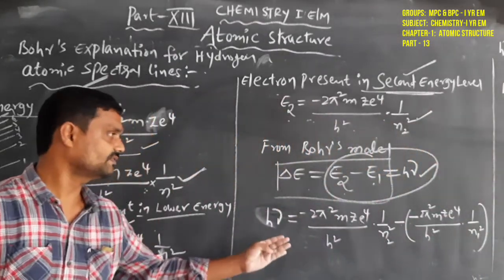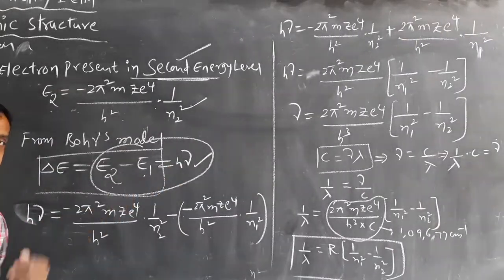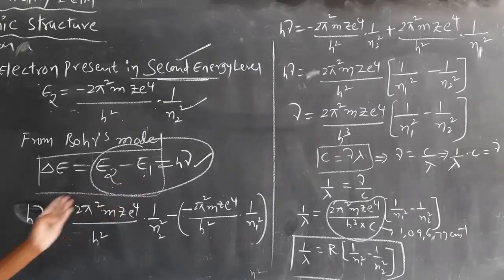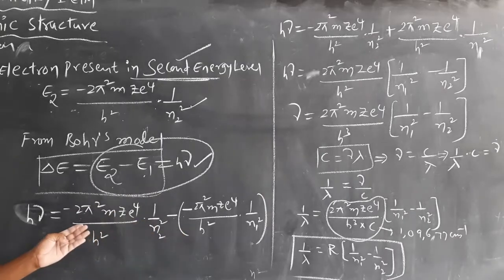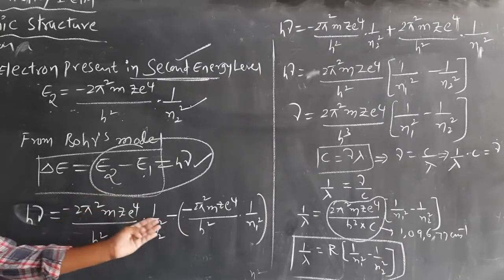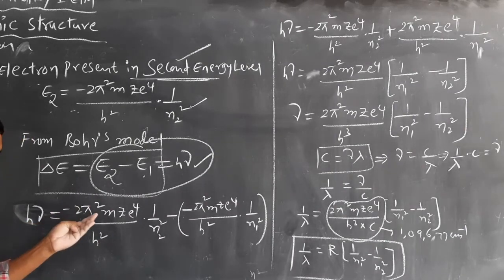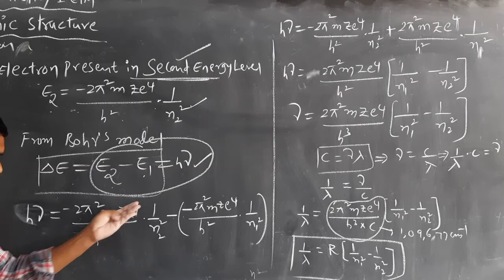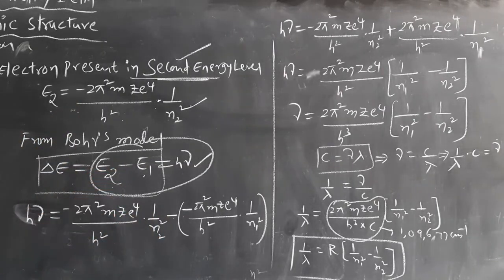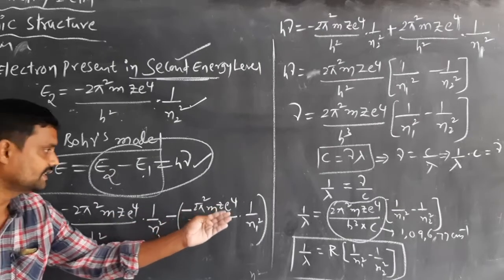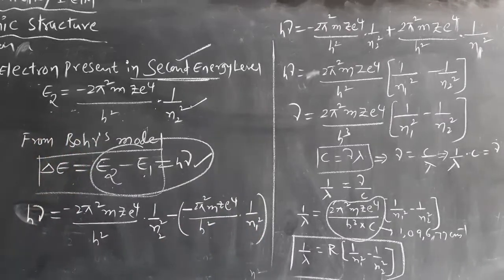On simplification of this equation, E2 minus E1 is equal to h nu. Here we substitute the E2 value minus the E1 value: minus 2 pi square m Z e power 4 by h square into 1 by n2 square, this is E2, minus E1, minus 2 pi square m Z e power 4 by h square into 1 by n1 square.